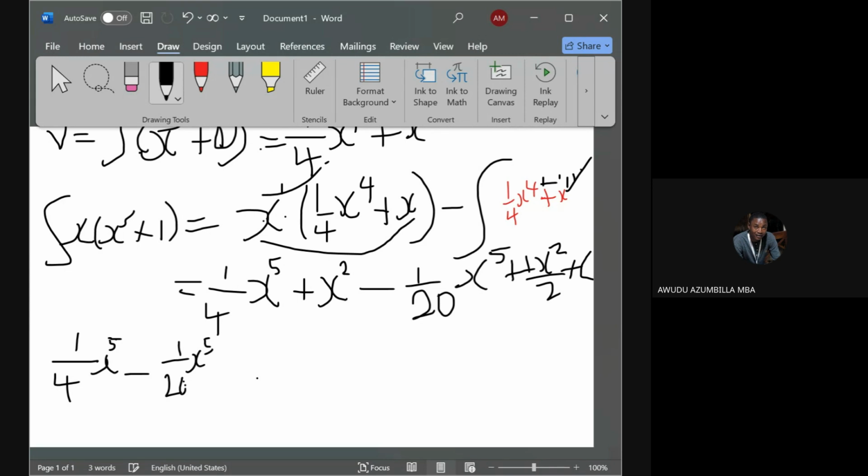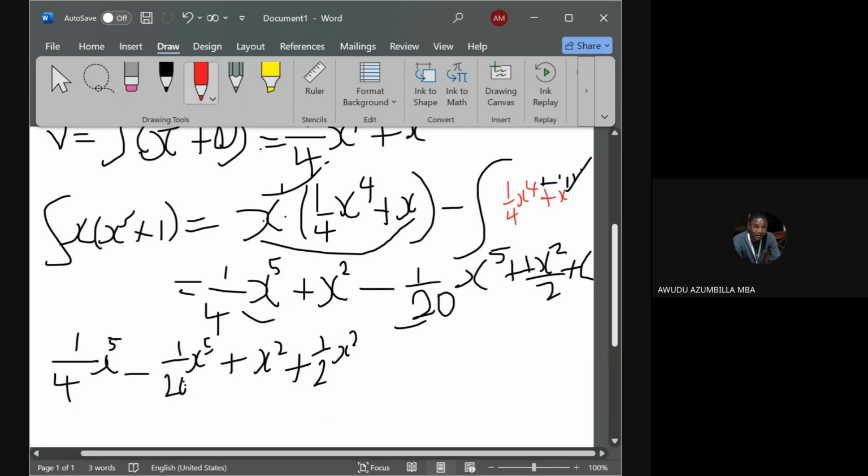Okay. So this one and this one has been taken care of. Before I bring my x squared, plus 1/2 x squared. So I'm grouping items so that we can get the picture well.